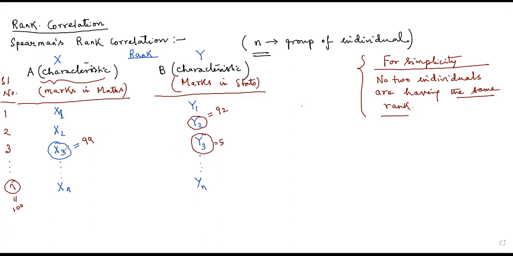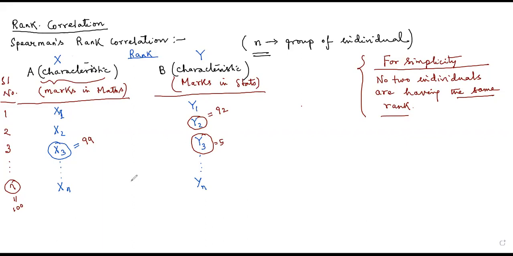So when I'm writing that X3 is 99 and Y3 is 5, that means with respect to characteristic A, individual 3 has been ranked 99, and with respect to characteristic B, the same individual 3 has been placed at the 5th position. In this manner, we have arranged these individuals as per their ranks.